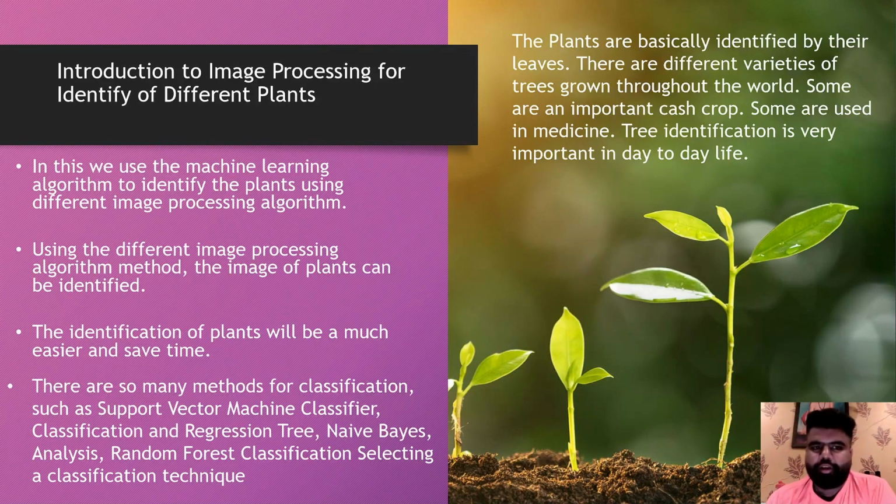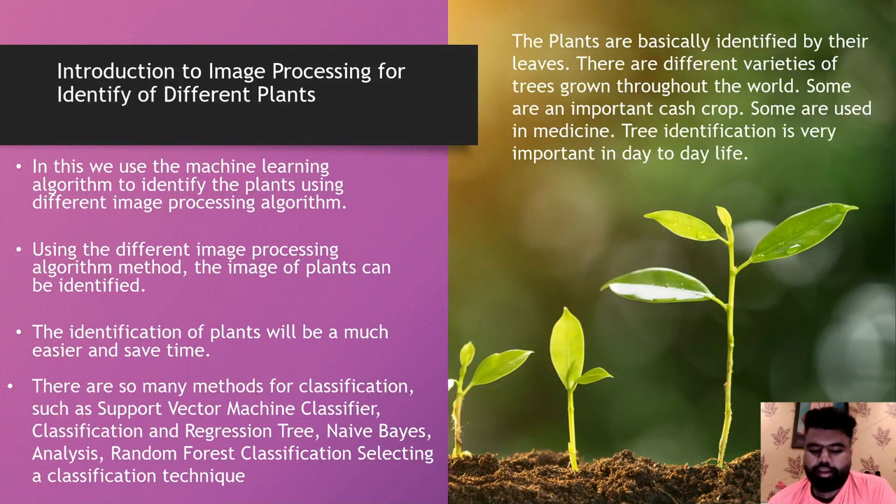There are different machine learning algorithms used for identifying the plants, and some of these include support vector machine, also known as SVM, random forest, RF, k-nearest neighbor, KNN, and neural network, NN.